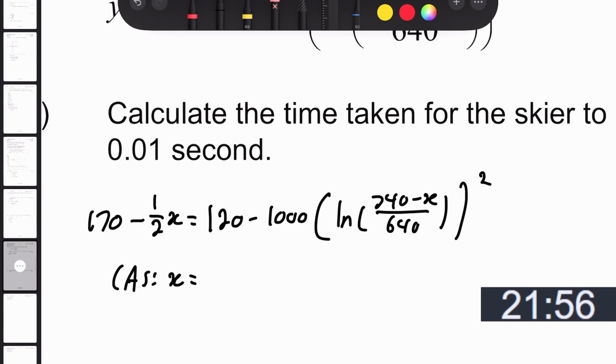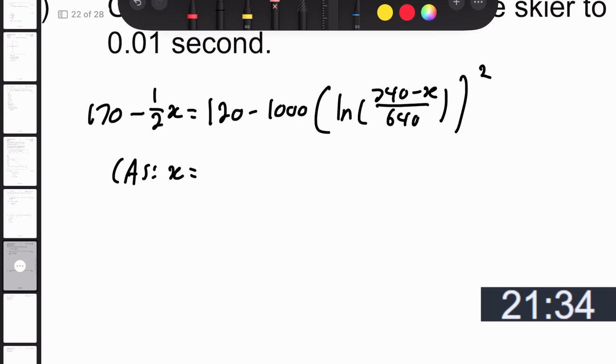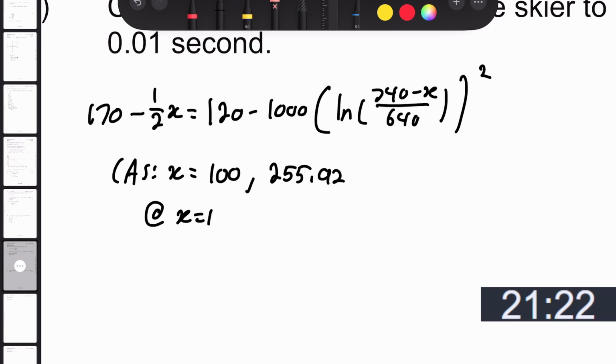So 0.5x equals 120 minus 1000 of ln of (740 minus x on 640) squared. Hopefully this doesn't take long to calculate. So then x is either equal to 100 or 255.92. At x equals 100 is the start of the jump, therefore ignore.